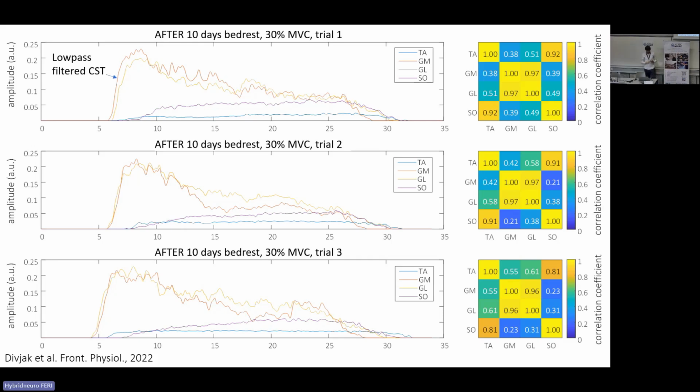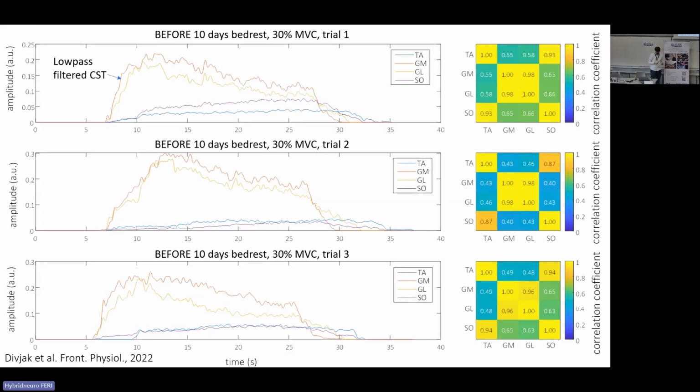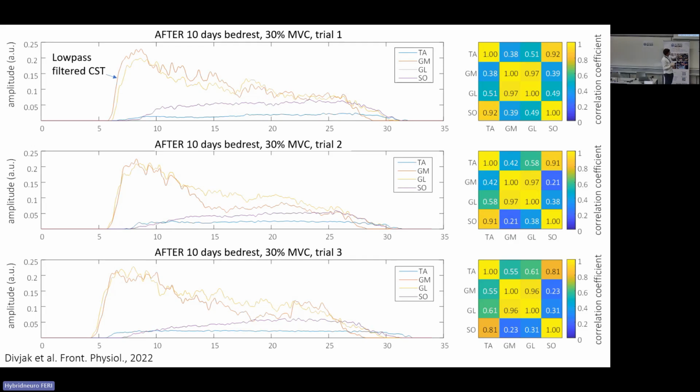So what we said until now is that tibialis and gastrocnemius have something in common. They behave similarly. And from the second analysis, we said that there's no difference between before and after the bed rest.